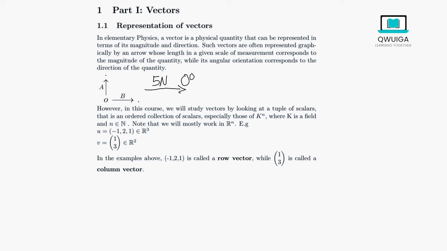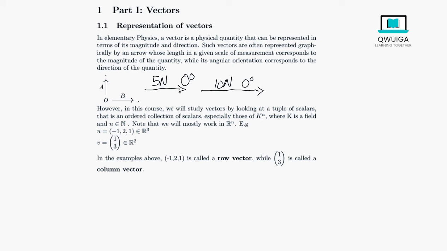We could also have another force acting in the same direction with a magnitude of 10 newtons, also at 0 degrees, towards the right. You notice that the length of this arrow is roughly twice the other, because the magnitude of this vector is twice that one. So we use a scale of measurement to represent the magnitude of the vector, while the orientation of the arrow tells us the direction of the vector.